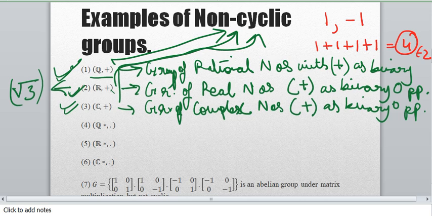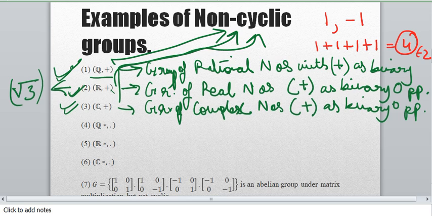Now moving on to our next one. What is the next one? Q star. During these videos I had said that Q star, R star, any star is a prime, but it's actually not that. It is something else. Usually we denote those stars as a prime, but let me just rectify that part for you. If anywhere I have said Q star is prime, then I would like you to rectify that.